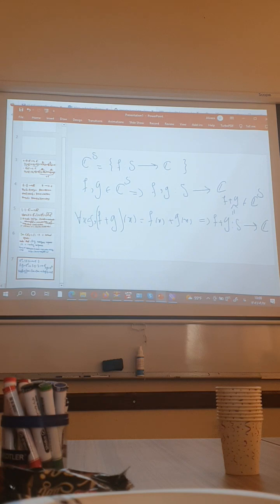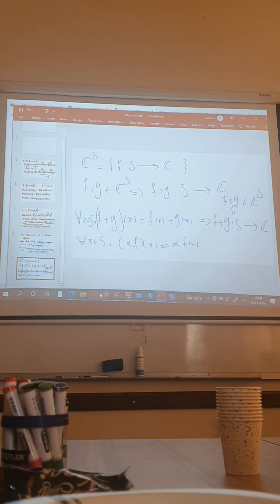C^S is the set of all functions from S to C. And also for any x in S, we can define (alpha f)(x) equal to alpha times f of x.